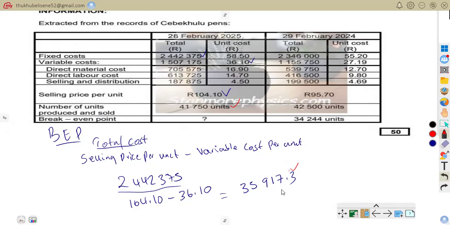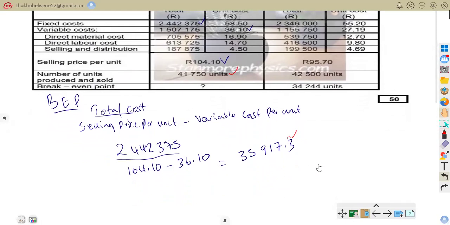So it simply says the business is now more than our break-even point, because now it forces you to say 41,750 units minus 35,917.3. So now it will give us what? A profit. It's going to produce more than our break-even point.